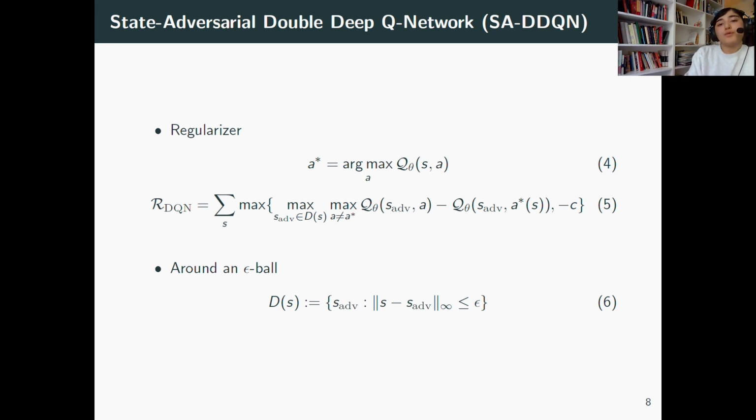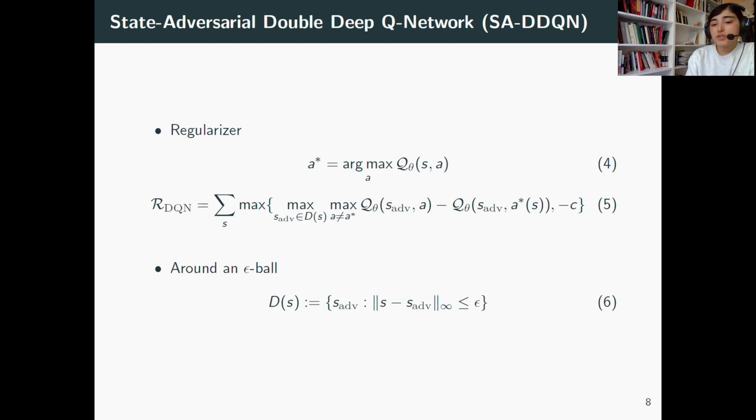The authors in this work propose the state adversarial double deep Q network, in which the regularization term that you see in equation 5 is added to the temporal difference loss in Q learning. If you look closely, this regularization term is basically the state action value of the adversarial state with the action which is not equal to the action maximizing the state action value in the unperturbed state, minus the state action value of the adversarial state with the action maximizing the state action value of the unperturbed state.